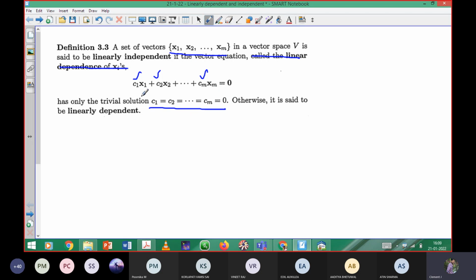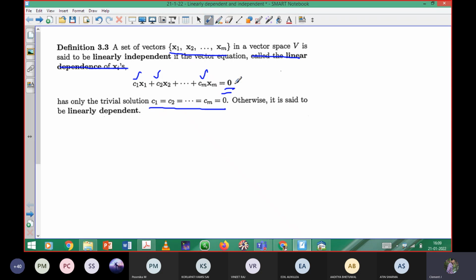What does a perfect linear combination mean? With a coefficient for each vector, you sum up all the vectors. Then you need to make the right hand side 0. Listen carefully, that is a very important step.